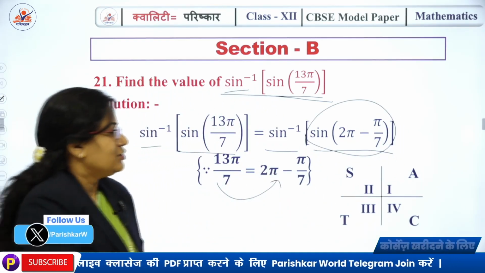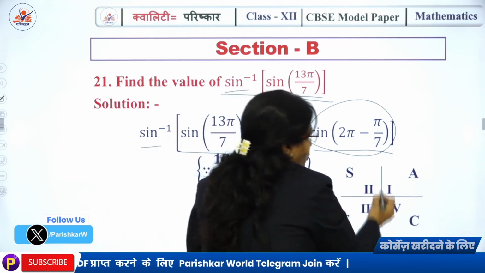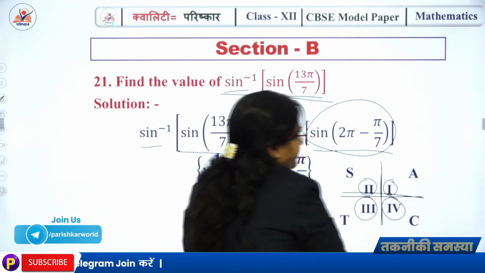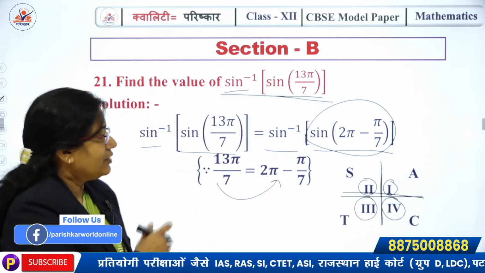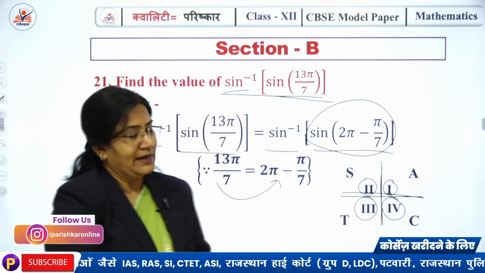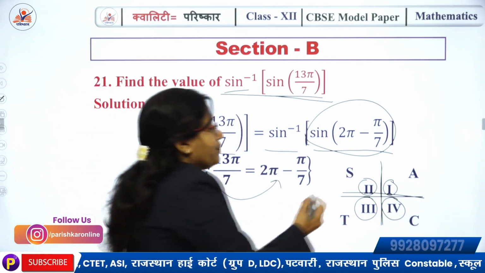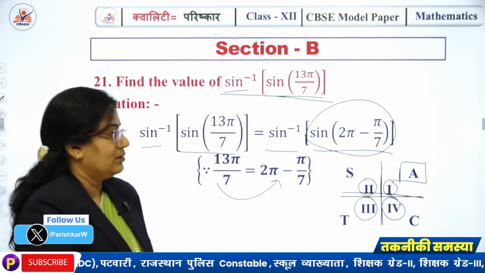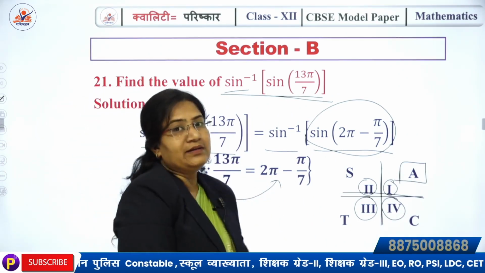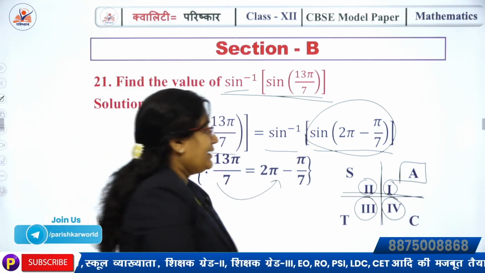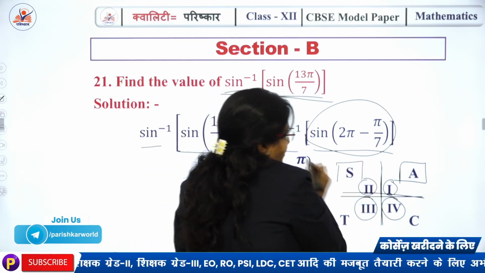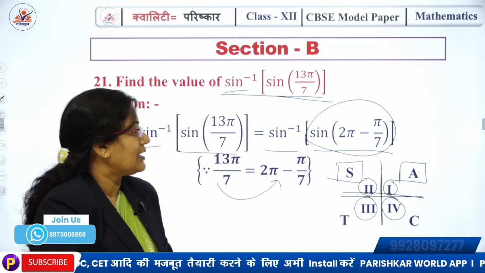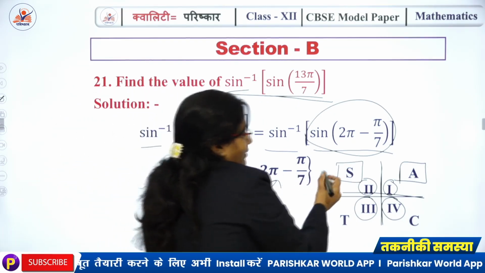Let's understand. Students, as you know, there are 4 quadrants: first, second, third and fourth. And in the 4 quadrants, the trigonometric signs change. First quadrant represents all. That means all trigonometric ratios are positive. In the second quadrant, sine and the inverse of sine, that means cosec, are positive and the other trigonometric ratios are negative.